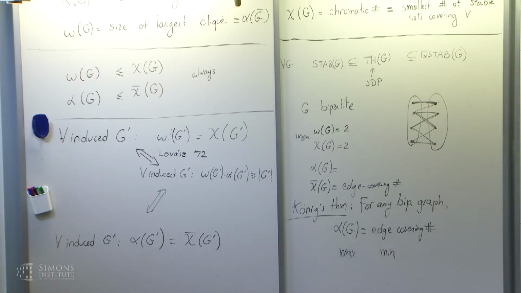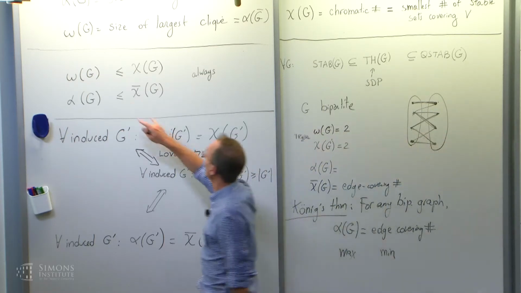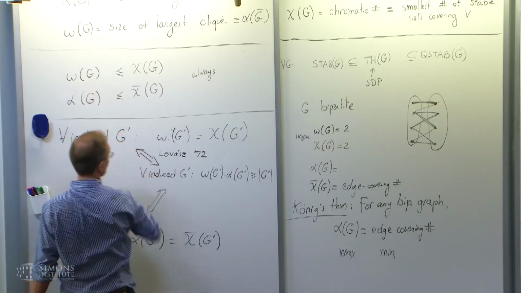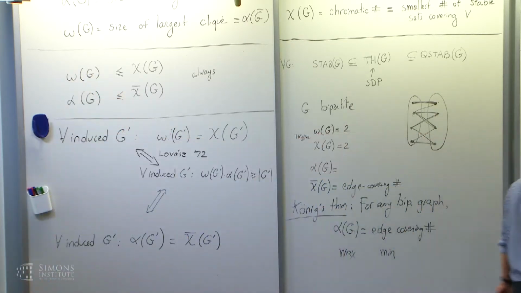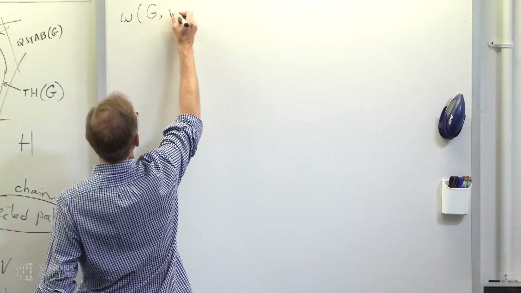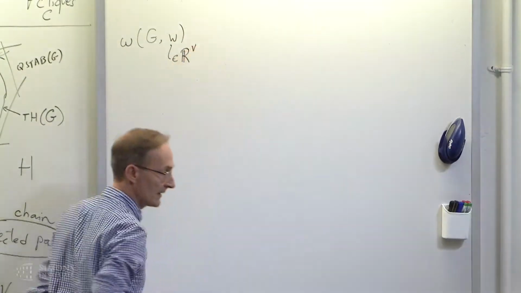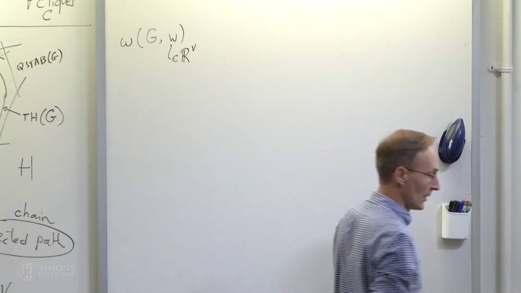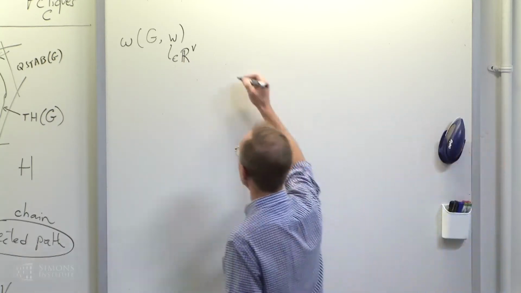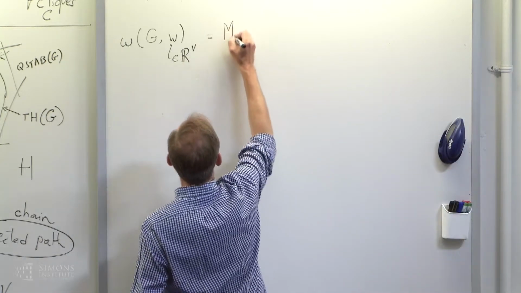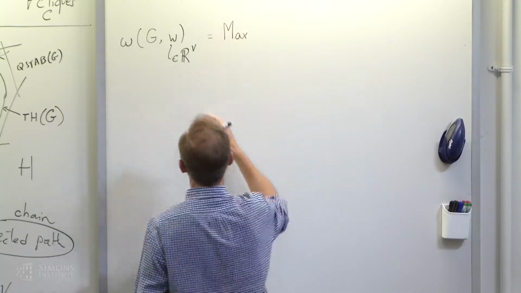So let me first look at a weighted version of the largest clique. Suppose I have weights on the vertices of the graph, and now suppose I'd like to look at the maximum weight clique.